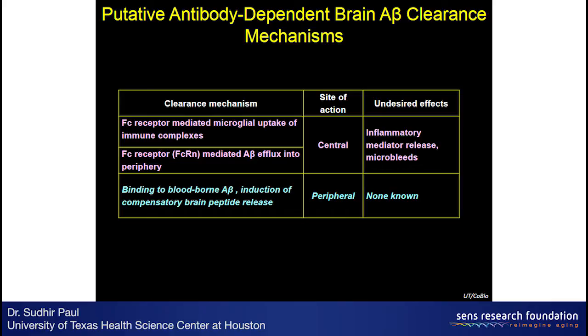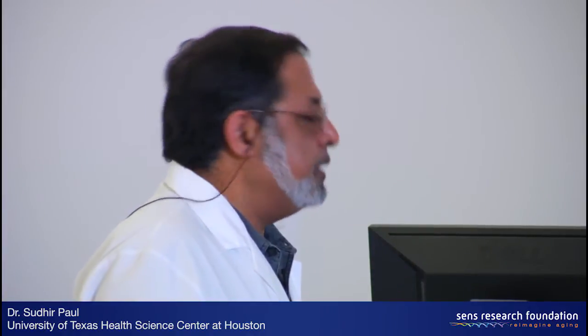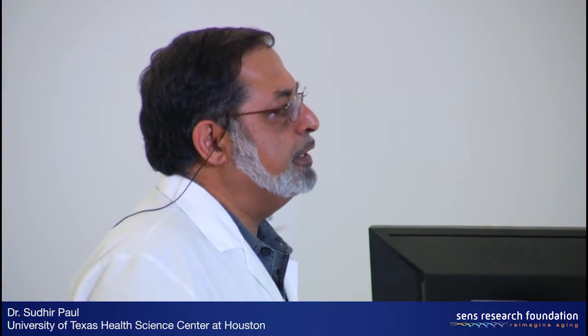At the blood-brain barrier, these immune complexes also bind to the Fc receptors, and this time around at the blood-brain barrier, the antibody acts like a pump and essentially transports the amyloid beta peptide from the brain into the periphery. This is shown here.